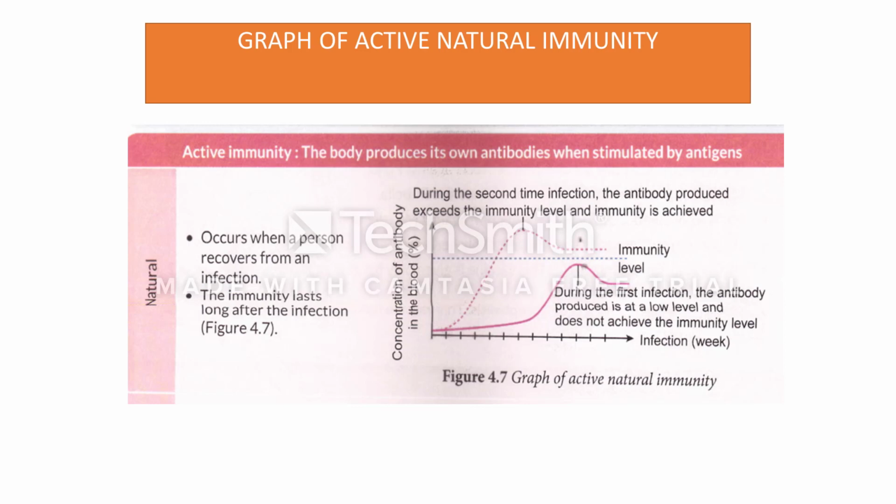During the first infection, the antibody produced is still at a low level and does not achieve the immunity level. But during the second infection, the antibody produced exceeds the immunity level. This immunity lasts long after the infection.